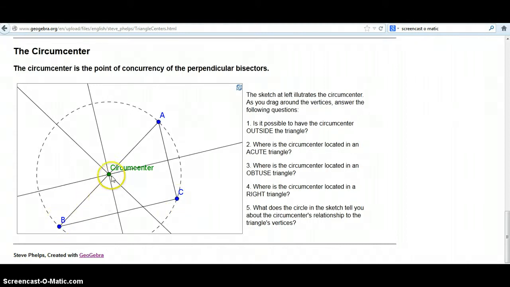So that means the circumcenter is equidistant from each of the triangle vertices. That's what the circle tells us, which is why this was useful to us in solving the hospital problem, because it gave us a place to put the hospitals such that they were equidistant from each of the 3 cities.